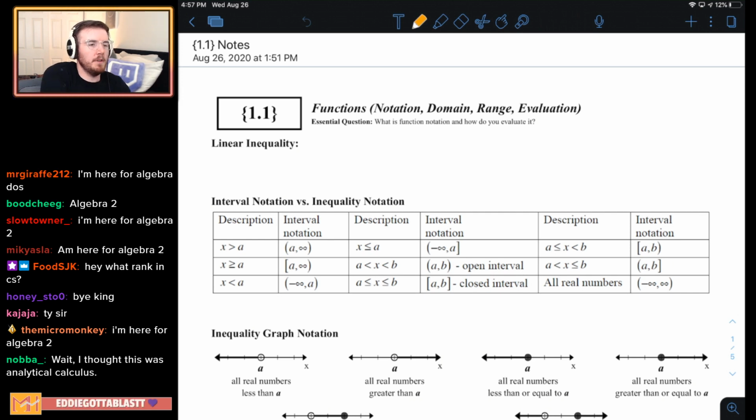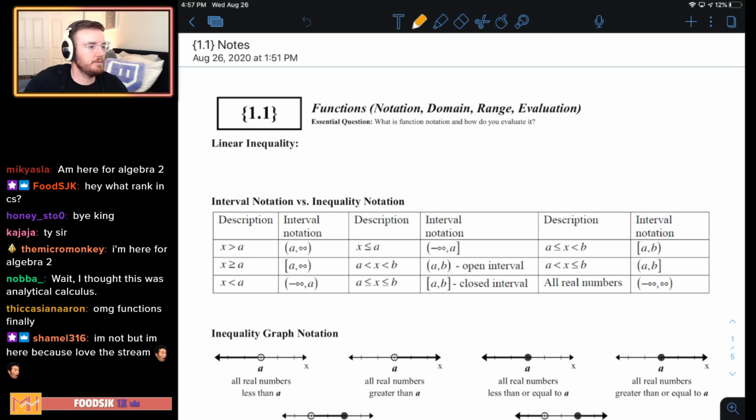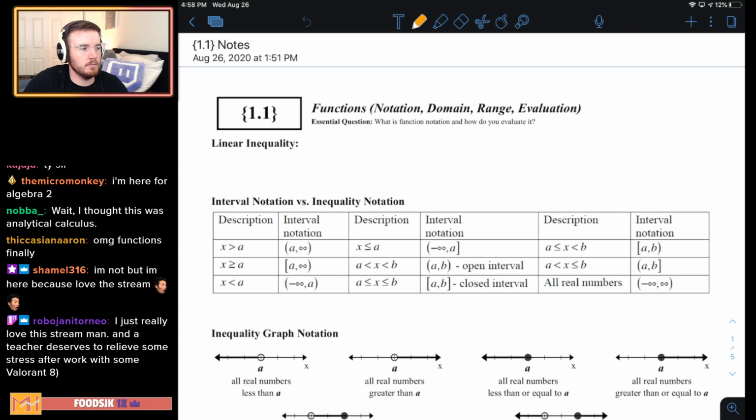I have the notes pre-filled out just so I don't screw anything up, so let me pull those up real quick. Give me like 30 seconds to pull up the notes.